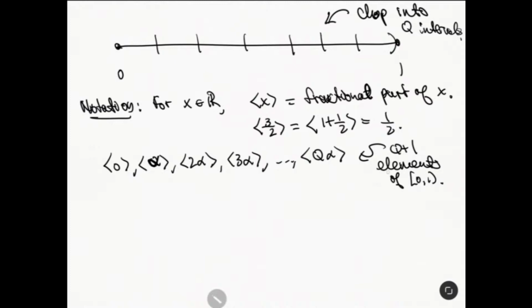Since there are q plus 1 elements, they'll be distributed something like this, but eventually there's going to be one hole with 2 pigeons. So some 2 of these are going to be in the same spot.